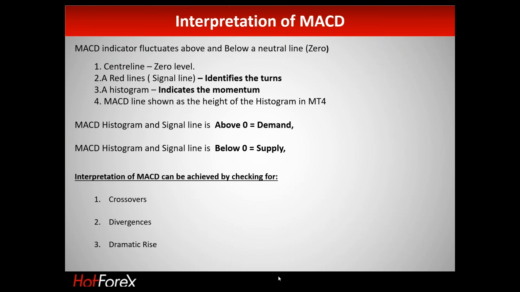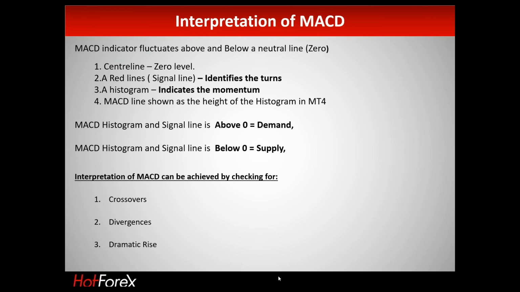As you already know, MACD fluctuates above and below 0 all the time. So you have to be aware, before using the MACD, what each thing means. If our histogram and signal line are above 0, then we have demand in the market.